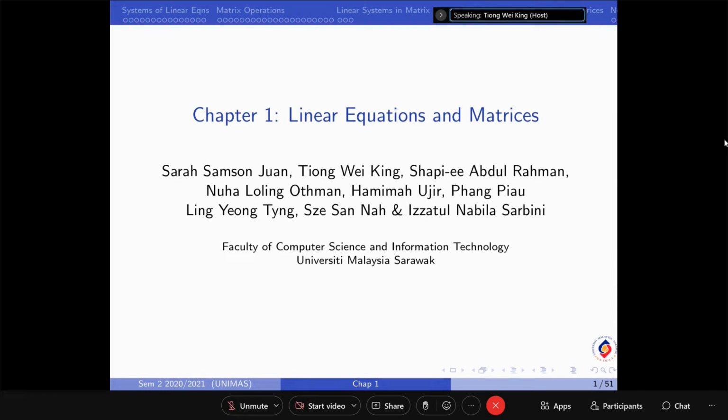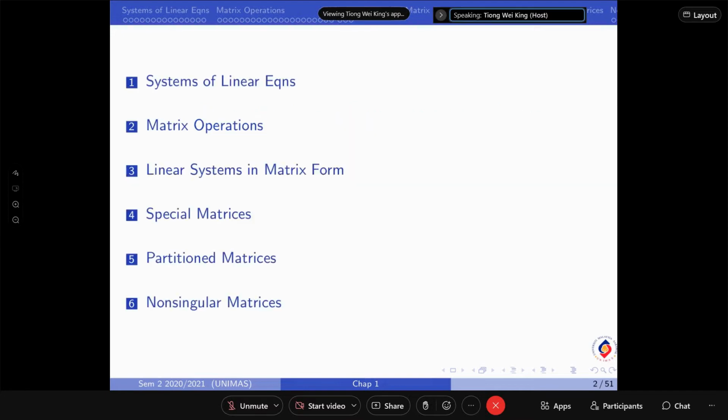This is chapter 1, linear equations and matrices. The outline for this chapter: the first sub point is systems of linear equations. After that is matrix operations, which you mostly learned before, but we will refresh.